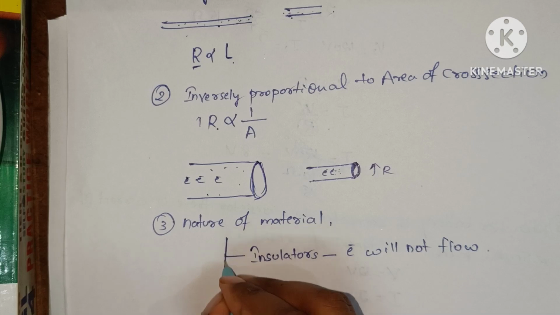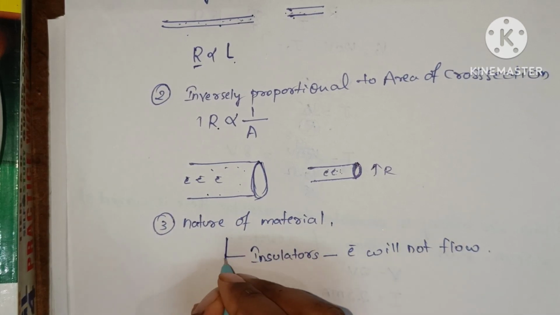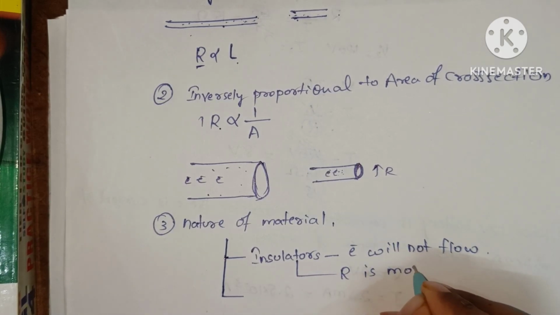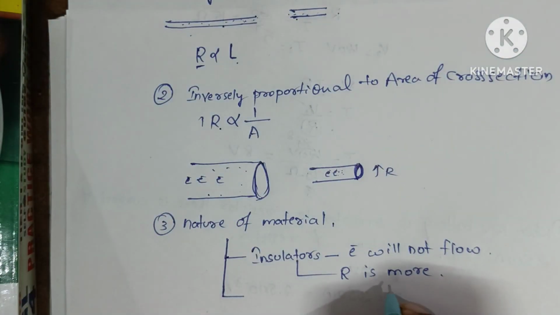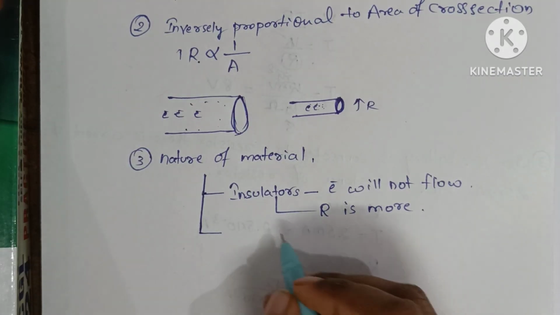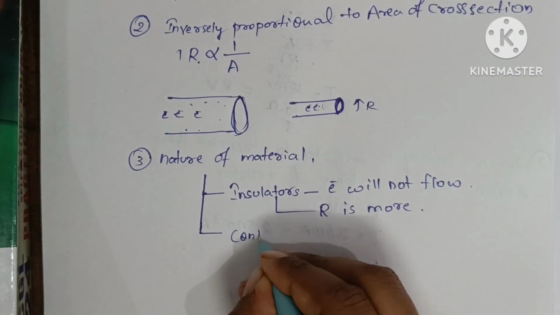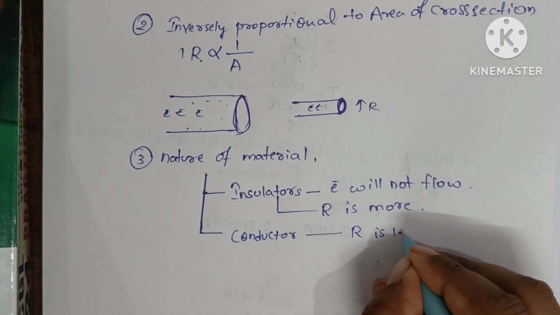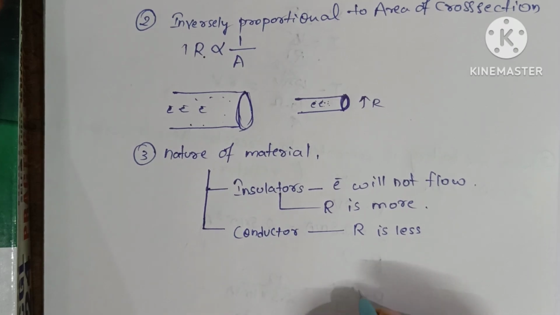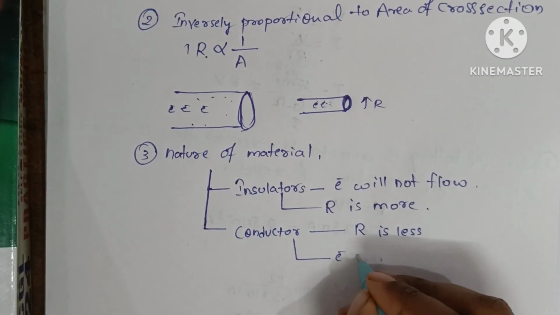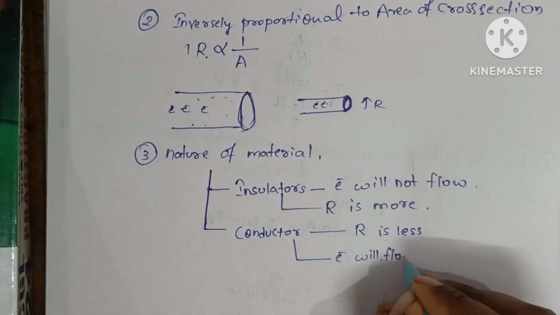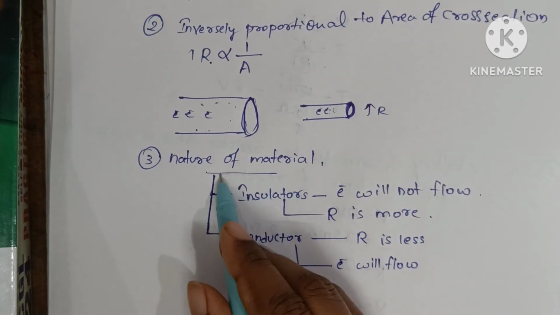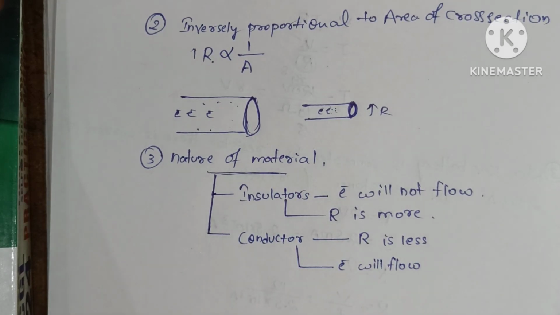So resistance is more in insulators, and electrons will not flow, as there is more disturbance. Electrons will flow in conductors. That means in conductors resistance is less, so flow of current will be there. So electrons will flow fast in a conductor. Totally, the resistance depends on the nature of the material.